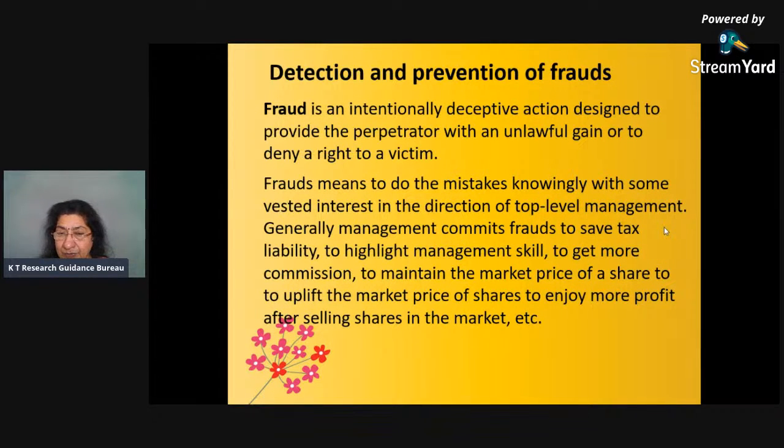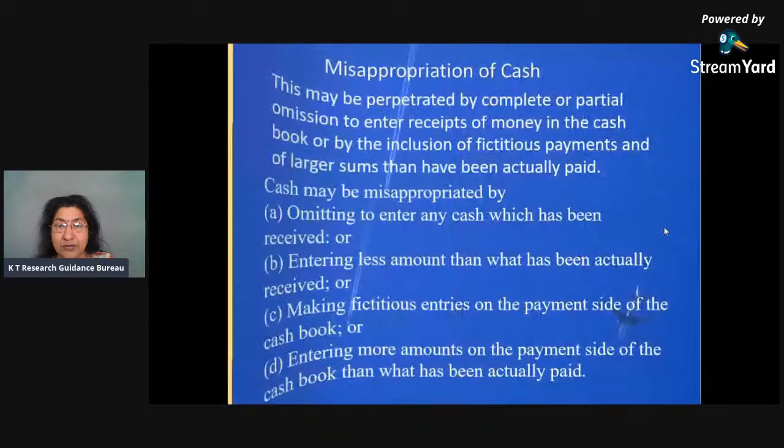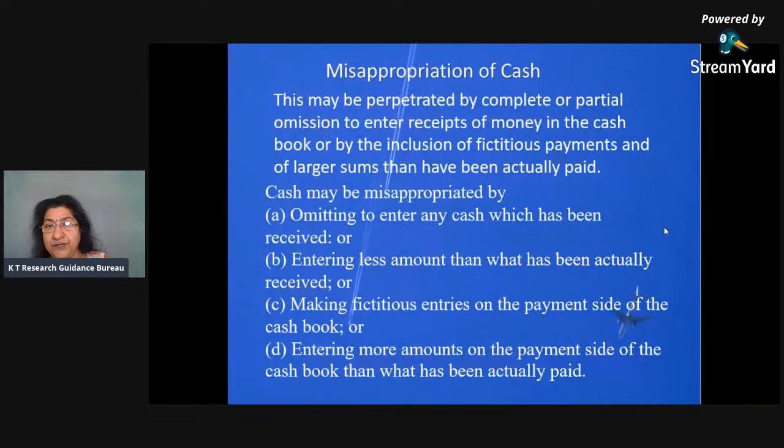Then what happens? People can understand afterwards. So the price will go down. Then again they will buy. So these malpractices are very common in the stock market. And if they are able to do these malpractices, then they can enjoy more profit after selling the shares. And if the price goes down, then they will buy the same share. So management may also do this mischief.